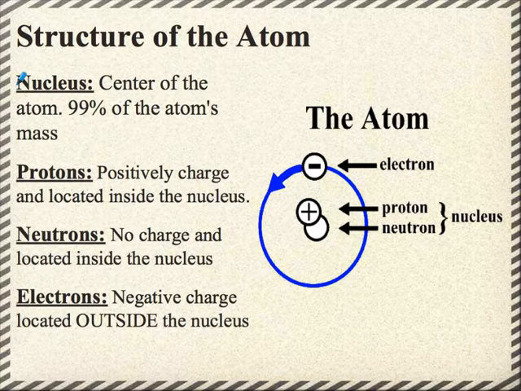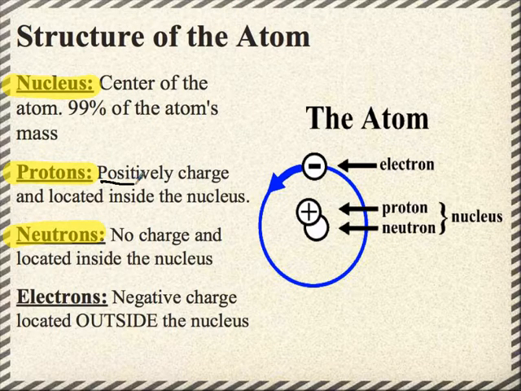Number one is the nucleus. This is just a location. The nucleus is just the center. You probably learned something about the nucleus last year when you talked about cells. Just like cells, atoms have a nucleus. And inside that nucleus, you have two things: protons and neutrons.